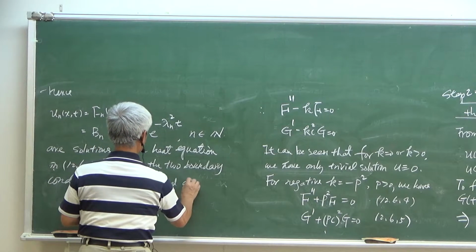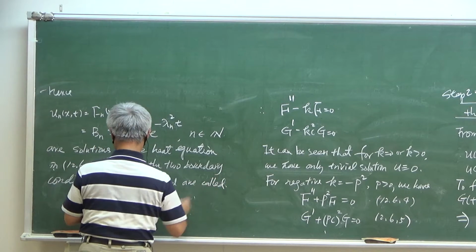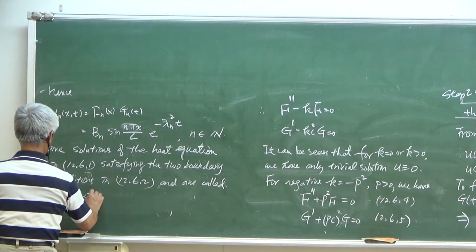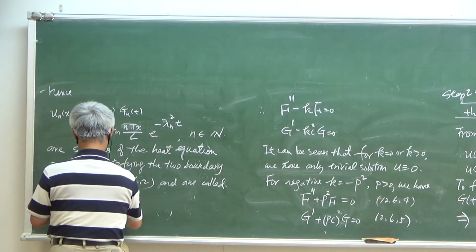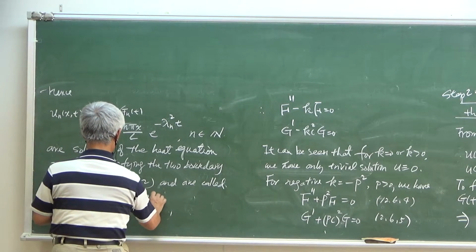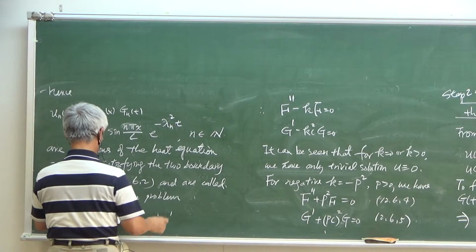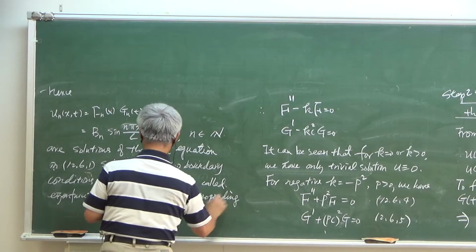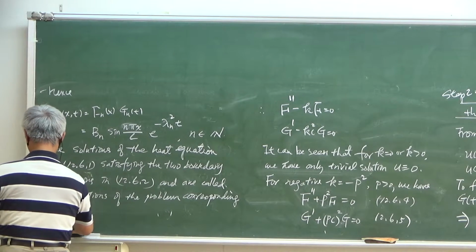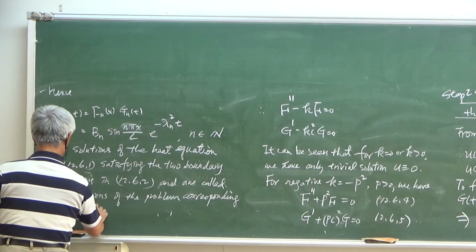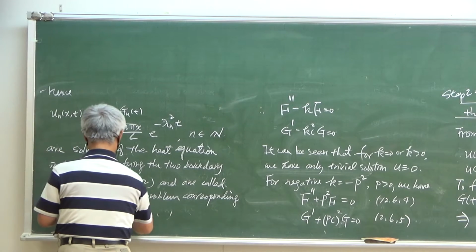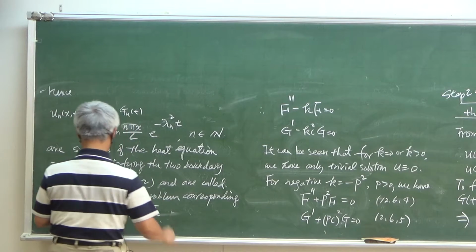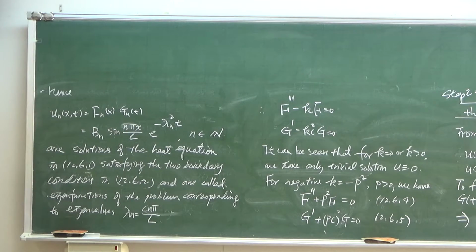So these are called eigenfunctions, okay, of the problem, and corresponding to eigenvalues lambda n equal to c n pi divided by L. Okay.